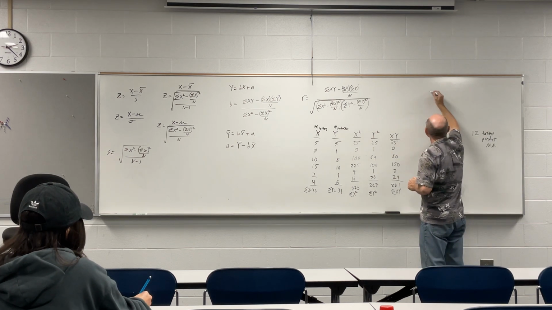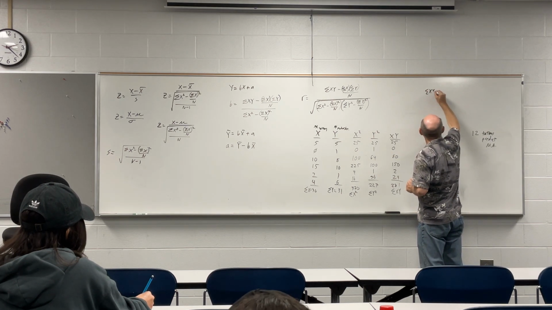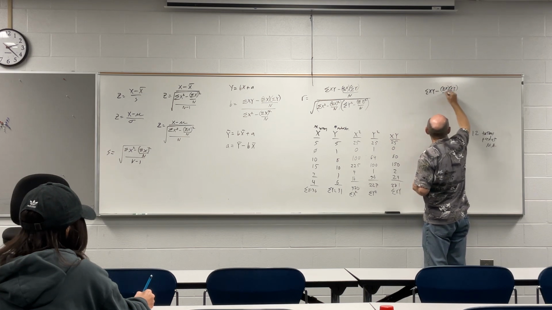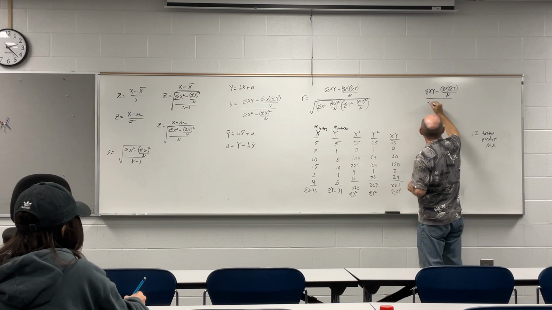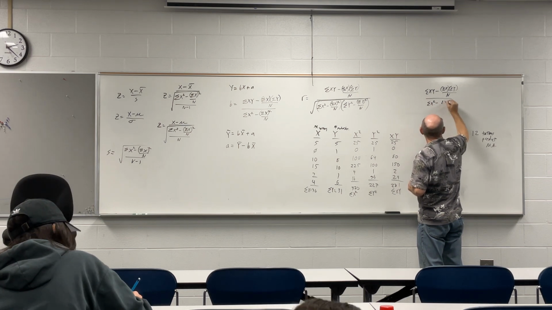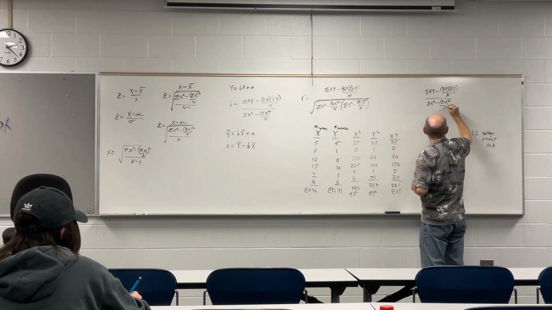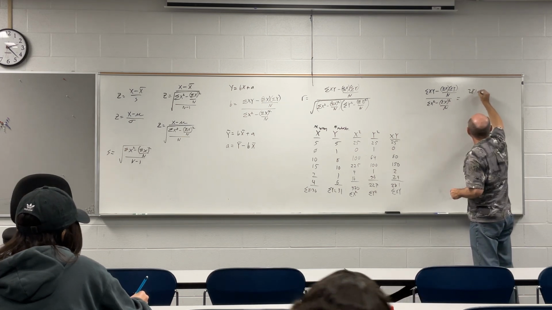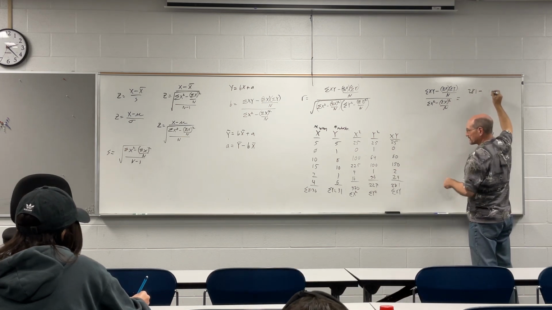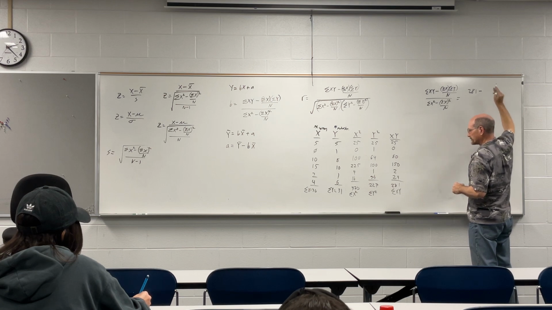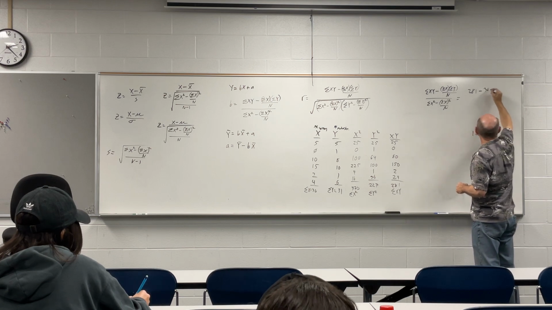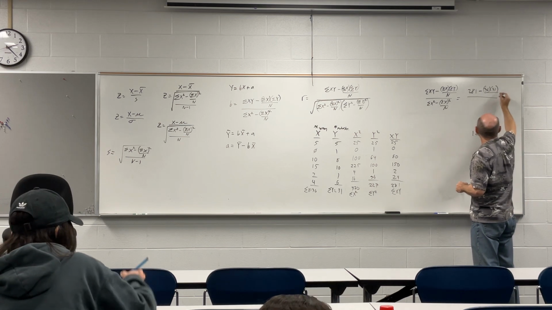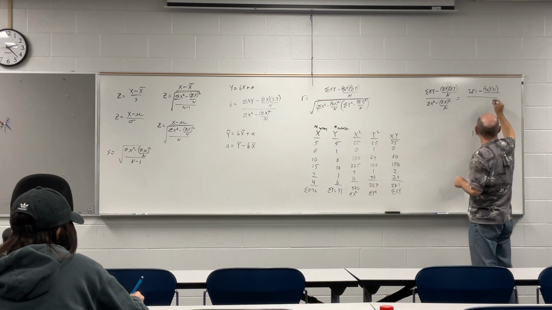So that equation sets up as, I'll redraw the equation, which then sets up the function xy as 281 minus 36 times 31.